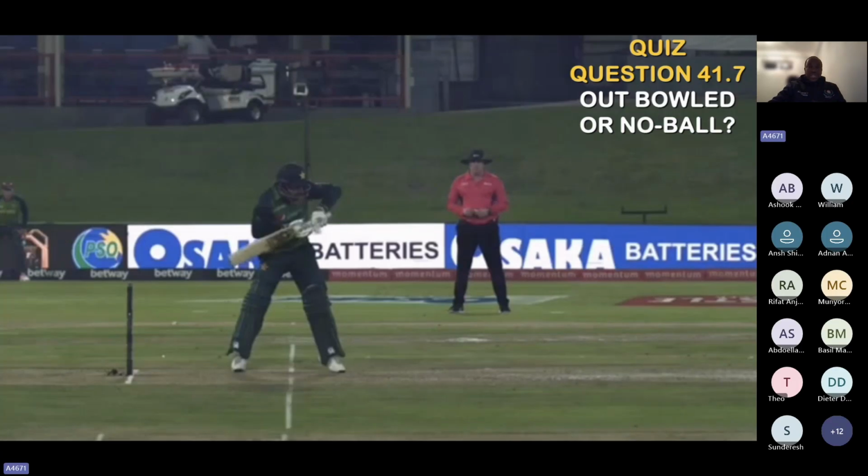A playing condition in limited overs cricket around the world, after every no ball is a free hit that would be signaled by the bowler's end umpire. That is not in law. That is a playing condition for limited overs cricket around the world. So pretty straightforward, this one. Definitely quiz question 41.7, no ball.